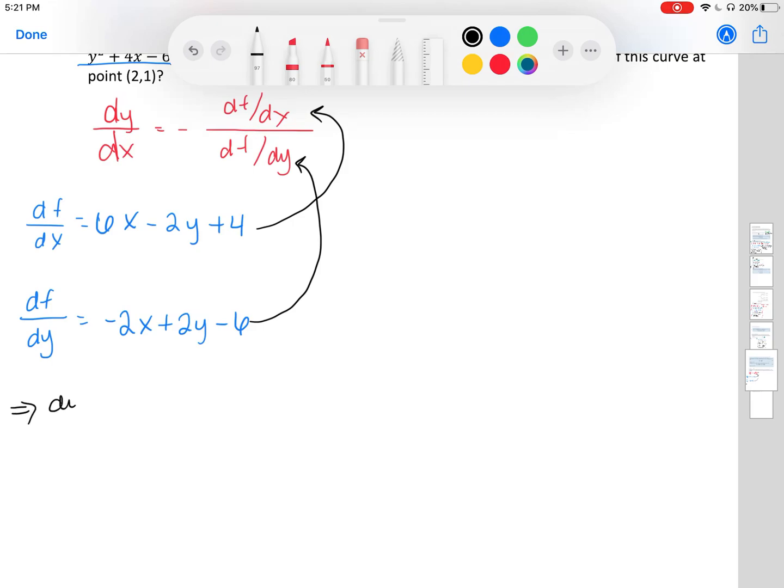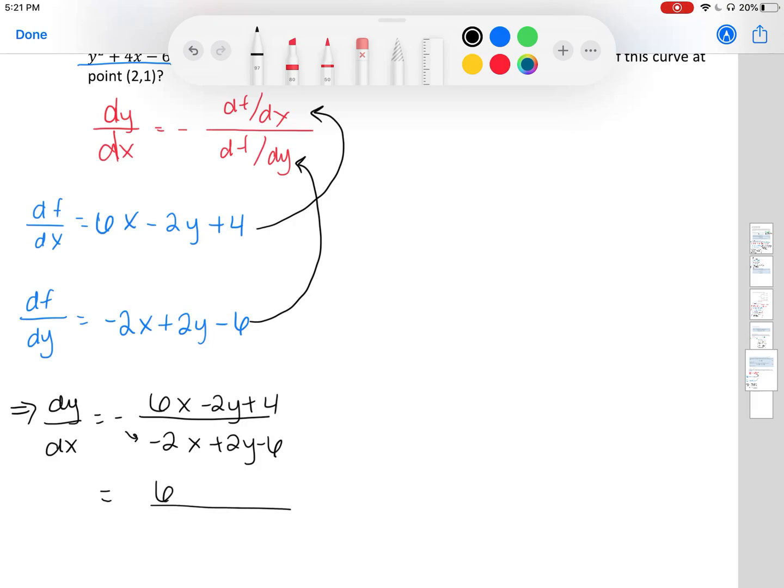So we have 6x minus 2y plus 4 divided by negative 2x plus 2y minus 6. We have that negative to account for, so you can work with that however you like. I'll distribute the negative into the denominator.